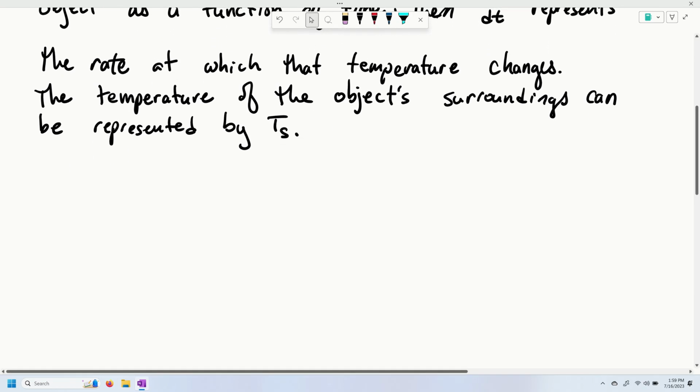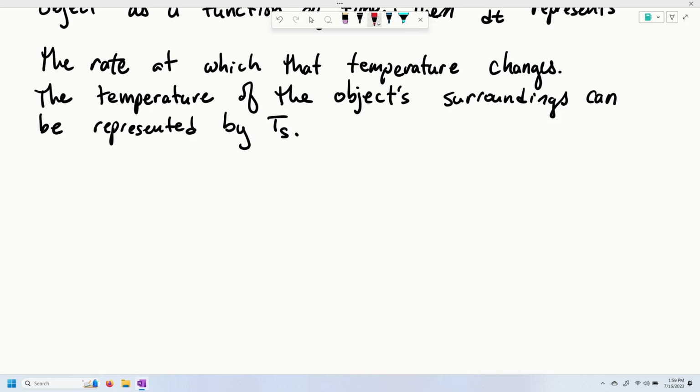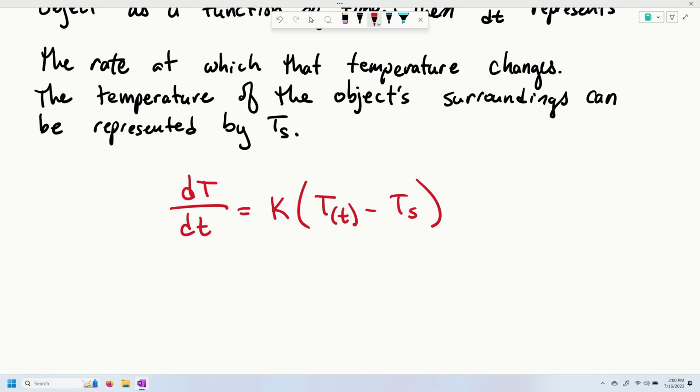So, what Newton's law of cooling basically says is that the change in temperature with respect to the change in time is equal to a proportionality constant, K, times the temperature of the object at any time t minus the temperature of its surroundings.